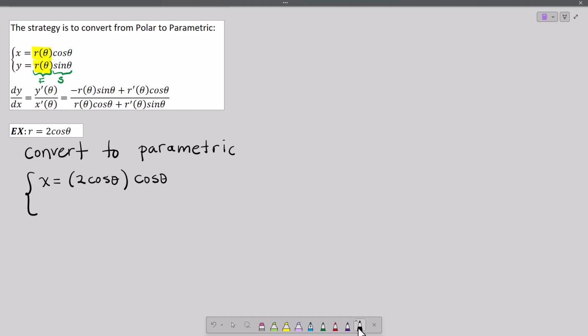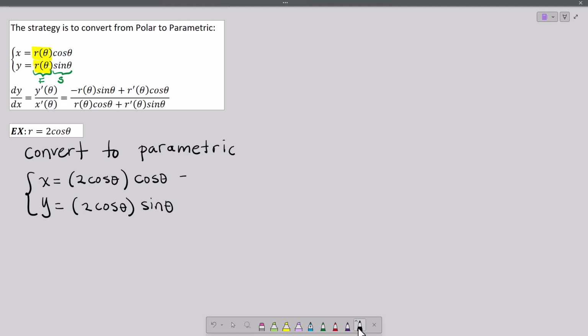We're replacing the r in our standard conversion equation with the function that it is. Our function is r equals 2 cosine theta. So we're going to replace that r with 2 cosine theta, and we're going to do that in both places. It's a direct substitution.